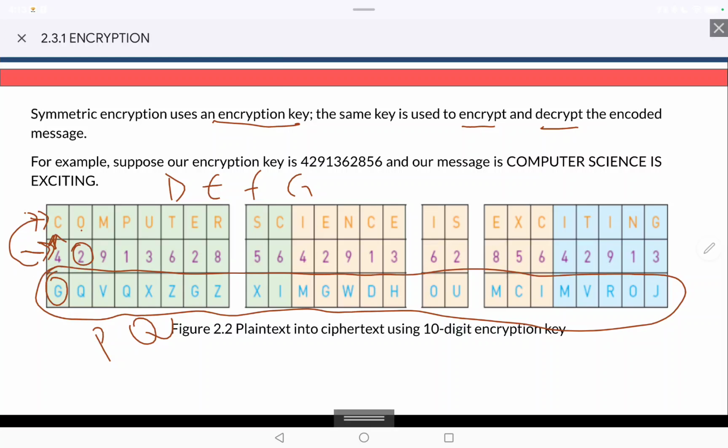And even if this data is intercepted, the data is meaningless to whoever intercepts it. So this is how symmetric encryption works.